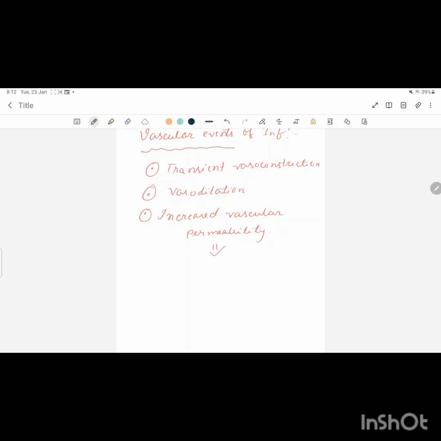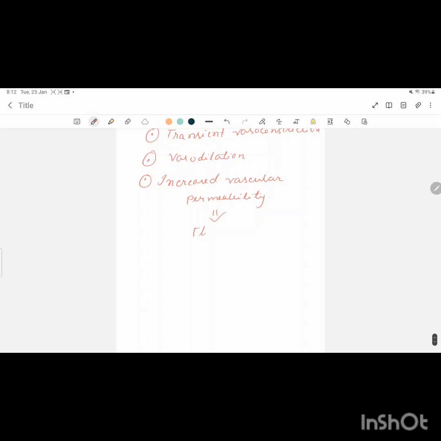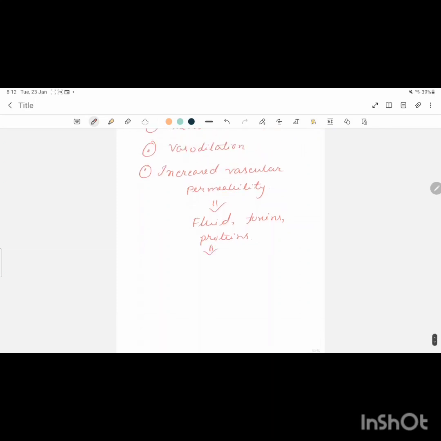Due to increased vascular permeability, fluids, toxins, chemicals and proteins come into the extravascular space. They are called exudates. These exudates are cleaned by the lymphatic system. From the interstitial spaces, lymphatics drain out the fluid, so lymphatic drainage.